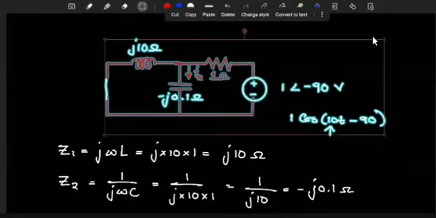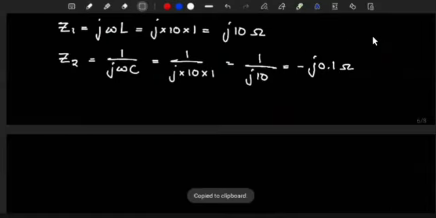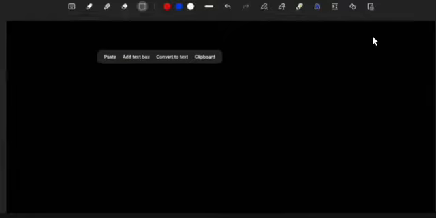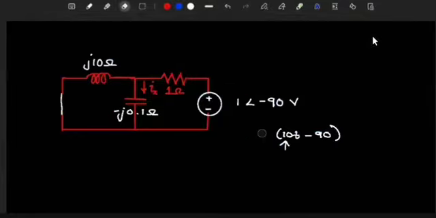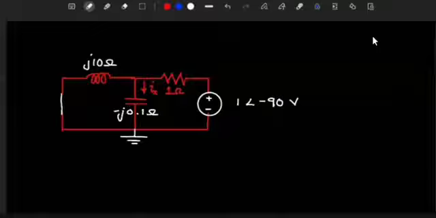If you recall, when using nodal analysis, the first thing that you need to do is to choose a ground. So we're going to ground this circuit at the bottom here. Once it is grounded, we're going to choose this to be a node, let's say node A. We want to find the voltage at that node, let's say VA.